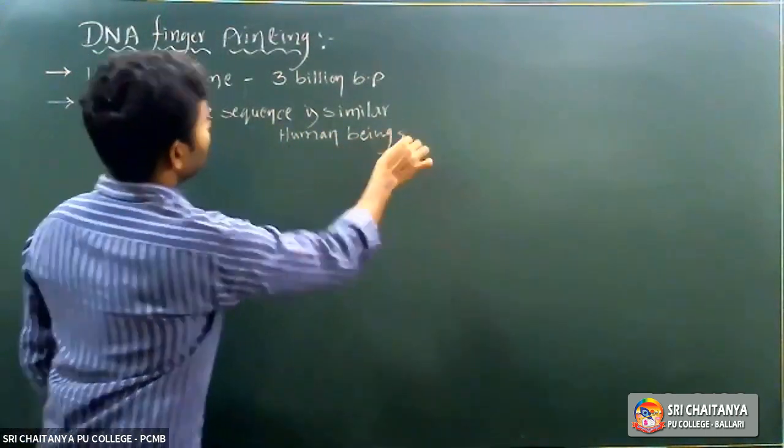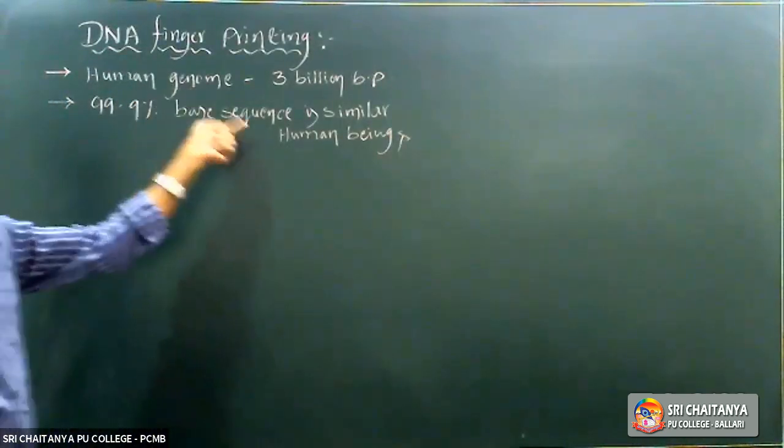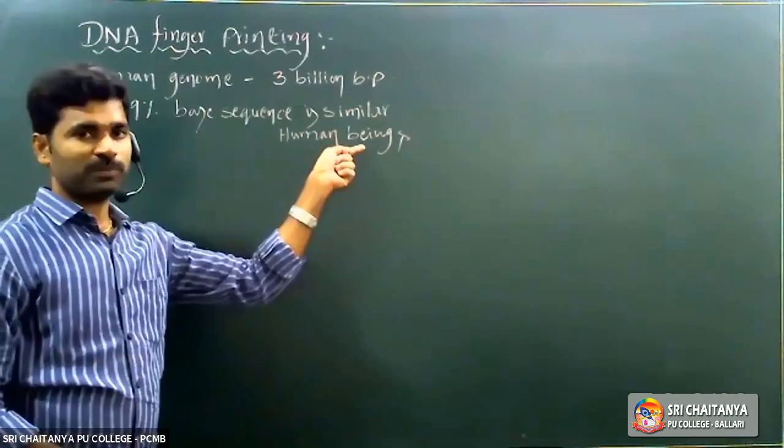So around 99.9% of the base sequence is similar in human beings.